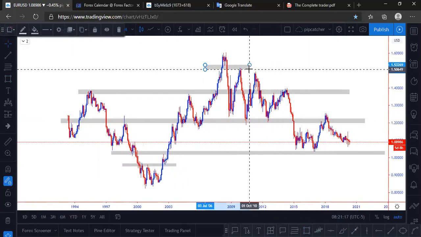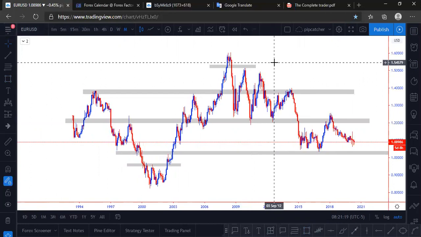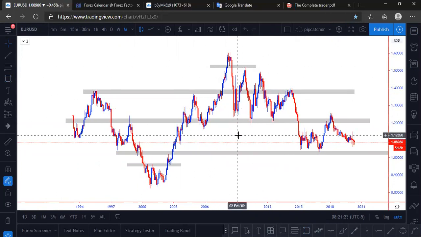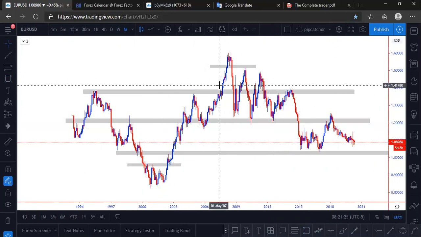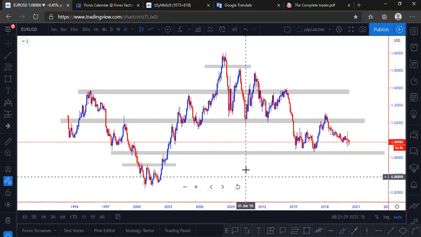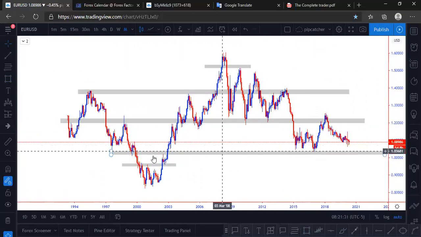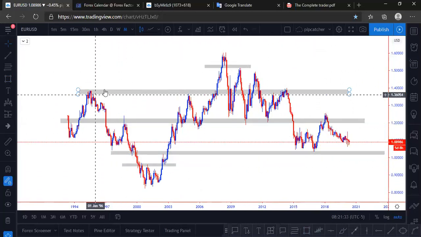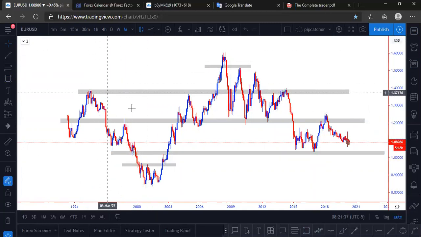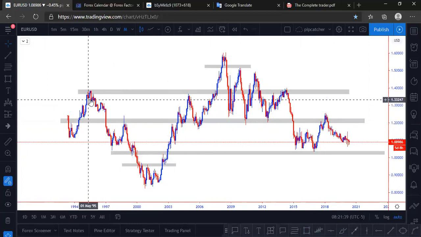which in future videos we will get into the different types of supply and demand bases, and how you can tighten up your entries within the bases in supply and demand.